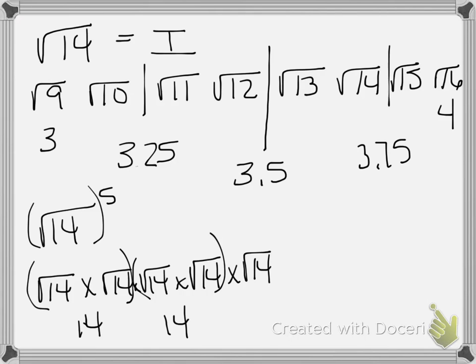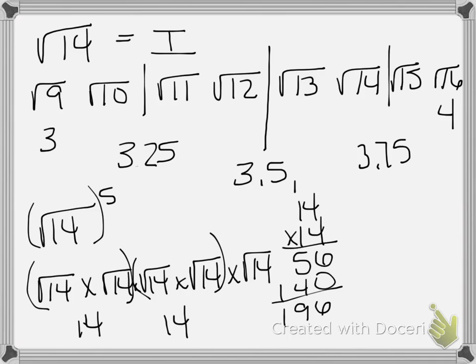So then on my paper, once I multiply, or if I know 14 times 14, okay, that would be 16, and then 0, and then 4, and then 1. So this is 196. So really I need to say 196 times the square root of 14.